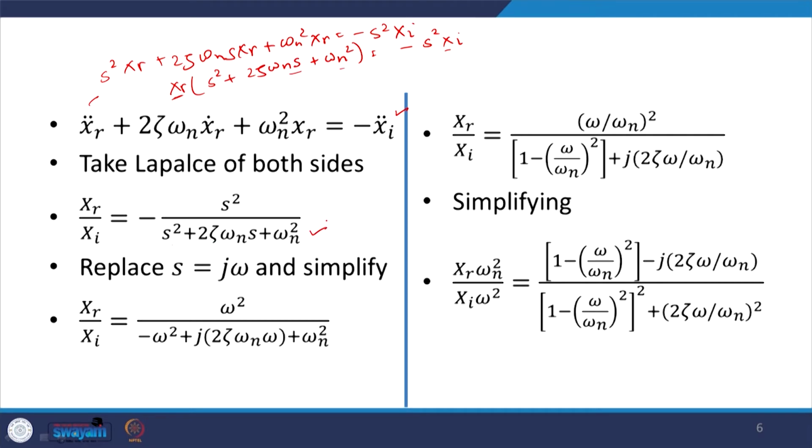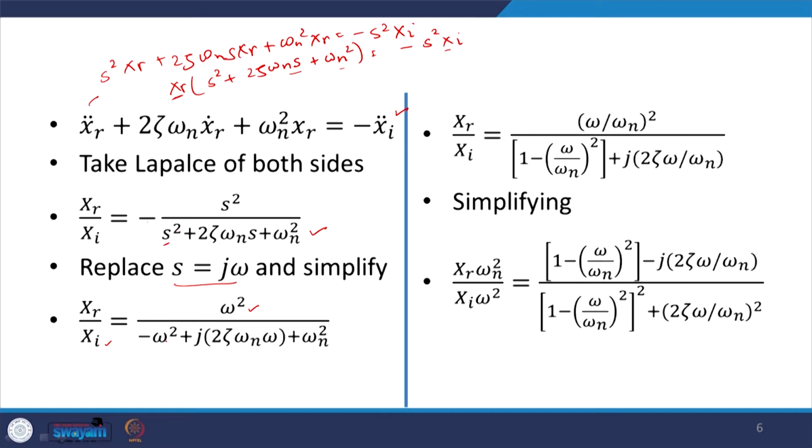Okay. Now, what we do is that we replace this s by j omega. So, I can do that. So, Xr by Xi: this is j omega, so s square will be j square omega square. So, I have omega square, and j square will be minus 1, so that minus and this minus get cancelled. So, I have a positive thing.